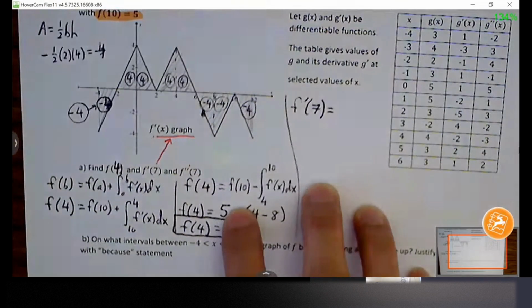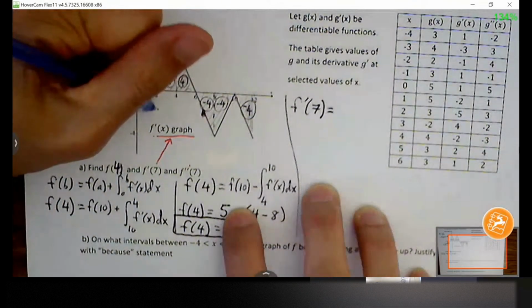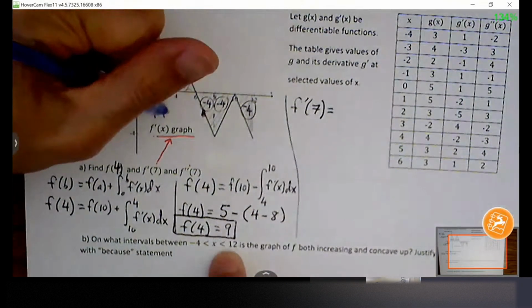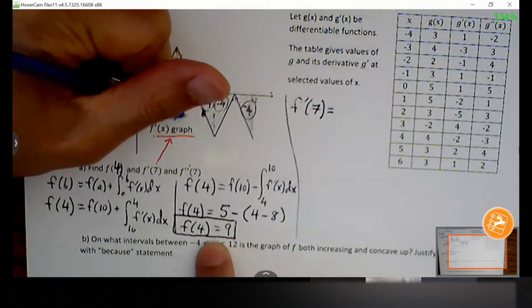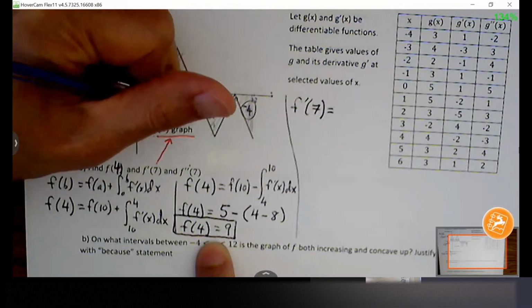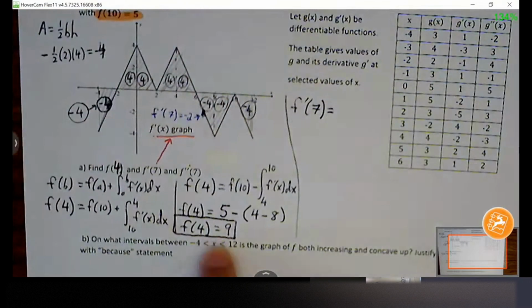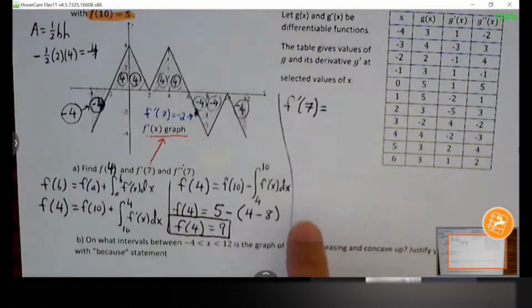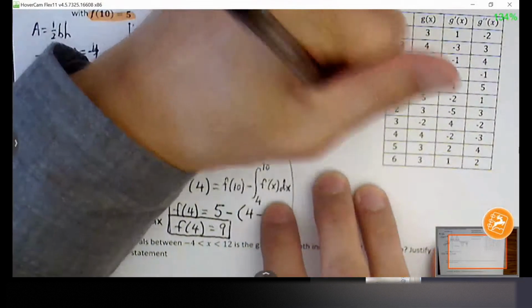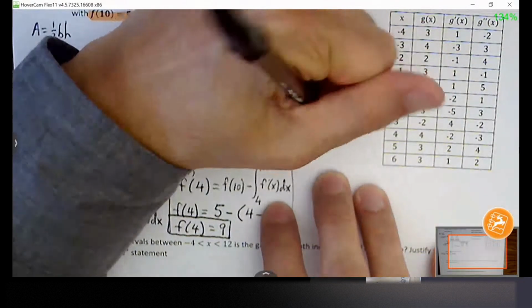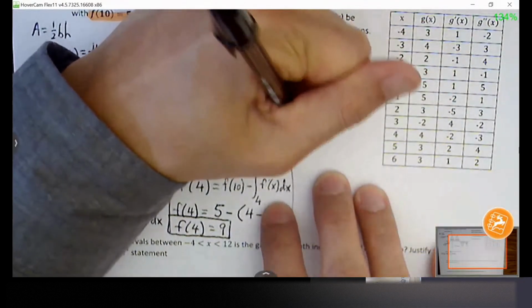Exactly. We're just pulling that information from the graph. If we know the slope, we can work our way down. Yeah, -2. It's just a point on the graph.